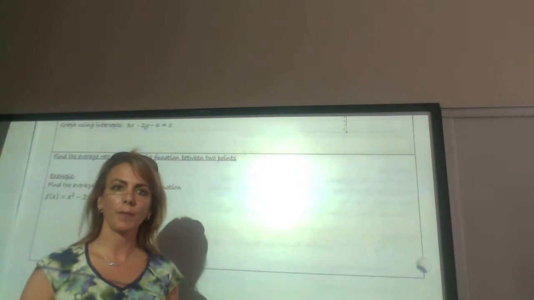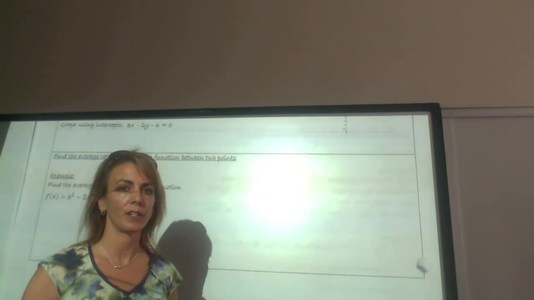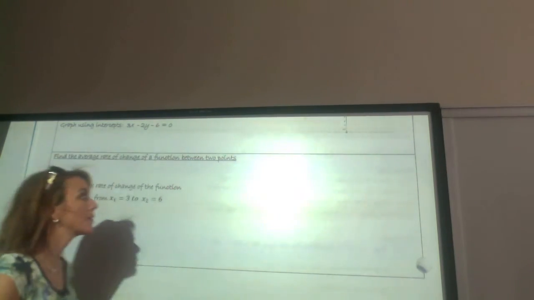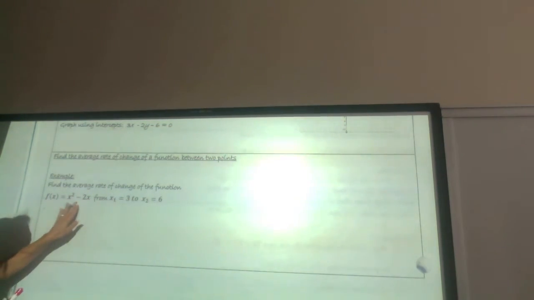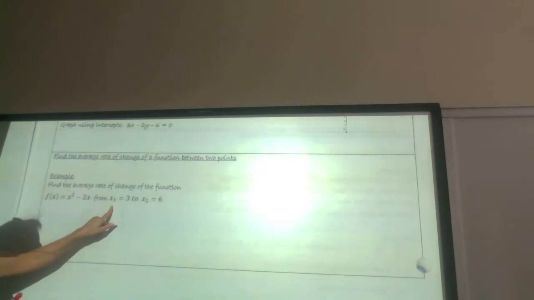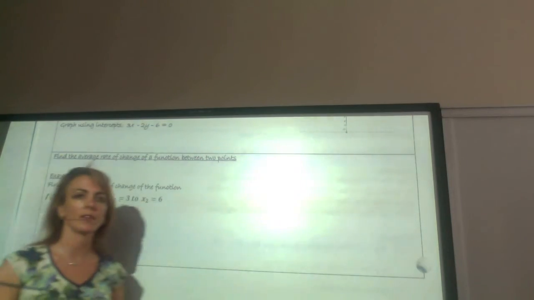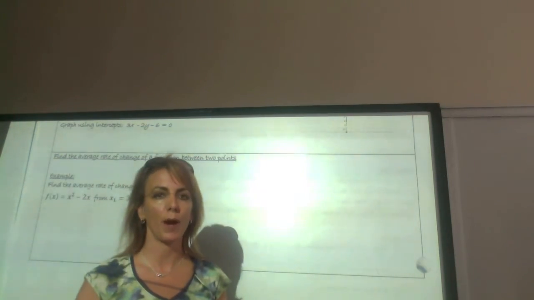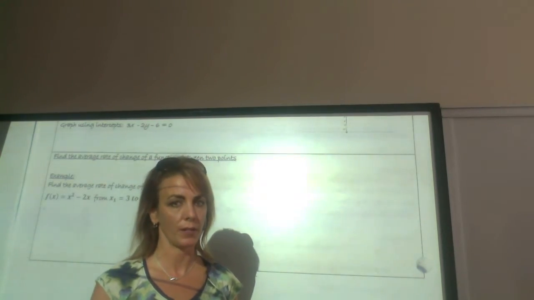All right, the last type of problem in this video is going to be utilizing the average rate of change formula. So we're given the task to find the average rate of change of this function, f of x is equal to x squared minus 2x, going from x1 equals 3 to x2 equals 6. Anytime you're given an average rate of change problem, you're going to be given a function and a couple of x values.